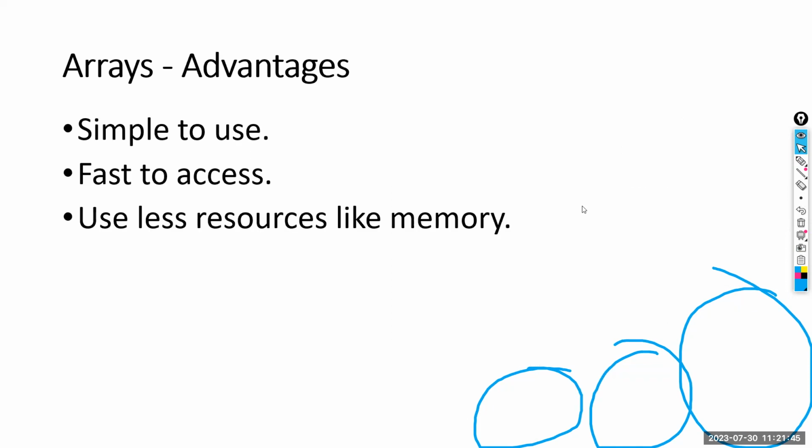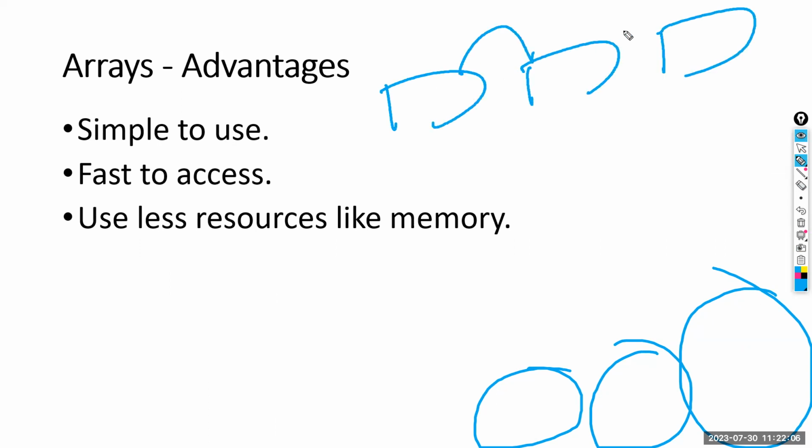So arrays are easy to use, simple to use, and fast to access because they are consecutive memory locations. Also, they use fewer resources like memory. Someone will ask why it takes less memory. If it is a linked list or something, it is not only keeping the data, it is keeping track of what the next data is and so on.